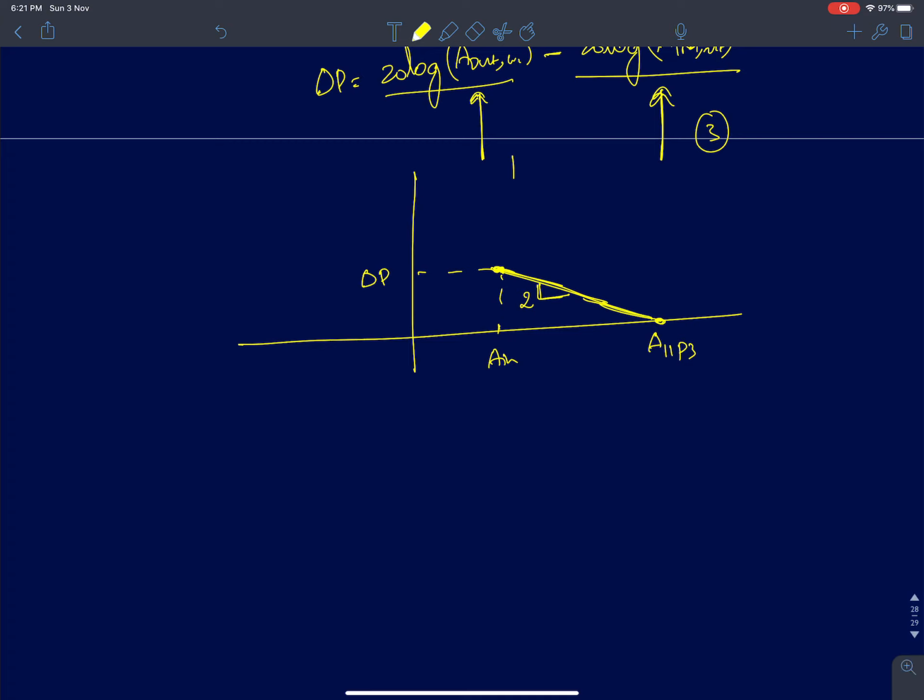From this graph, I can easily compute the value of A IIP3, from the slope of this line. The slope of this line is delta P divided by 20 log of A IIP3 minus 20 log of A in, where A in is the point where you measured the signal that you applied. This should be equal to 2.